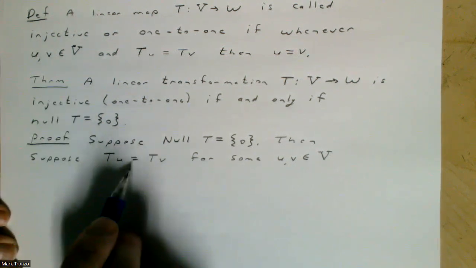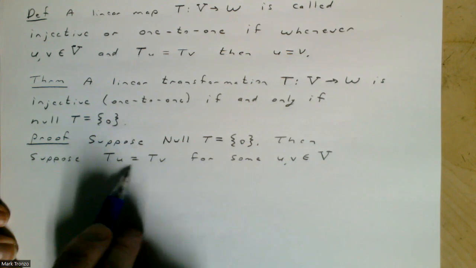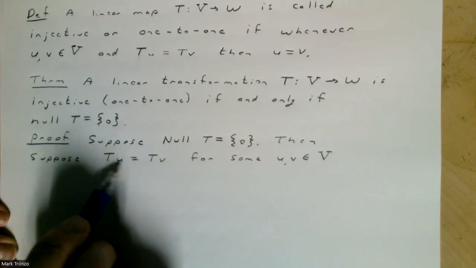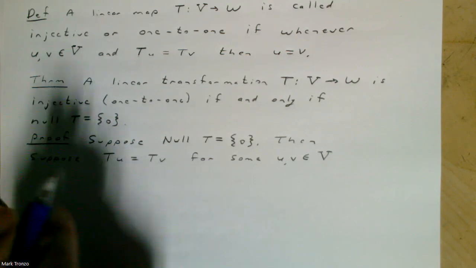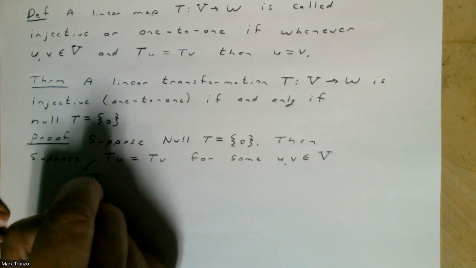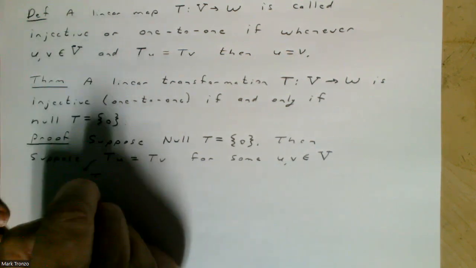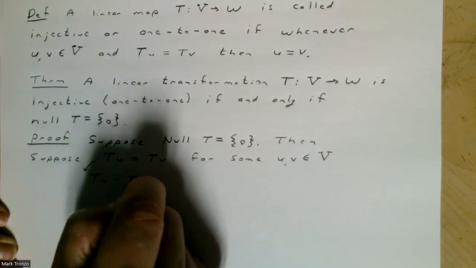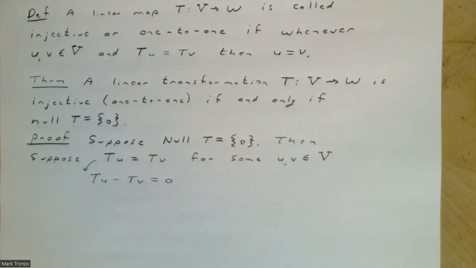So let's assume this. Now we need to show that u and v are the same. So let's go through this. If we start with this, let's rearrange it: Tu minus Tv is 0. I just brought that over to the other side.